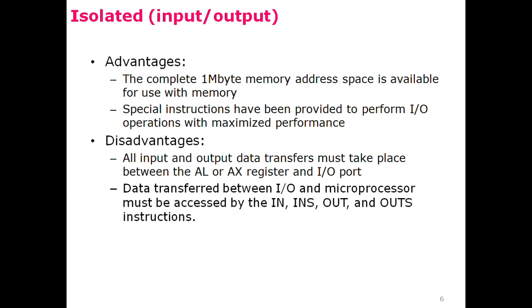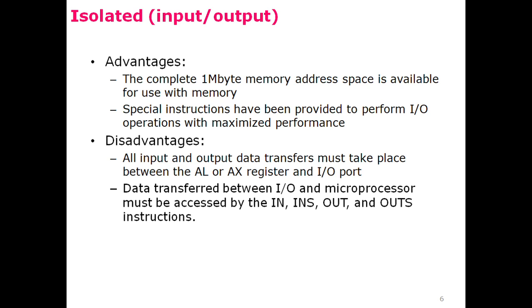The 20-bit address is sufficient to address 2 raised to the power 20, or 1 mega locations. So this total capacity can be used for memory, and special instructions have also been provided to perform input and output operations with maximized performance.